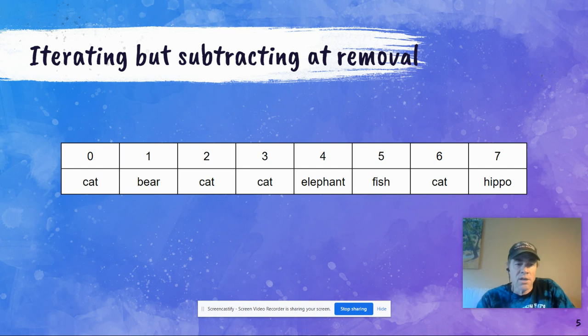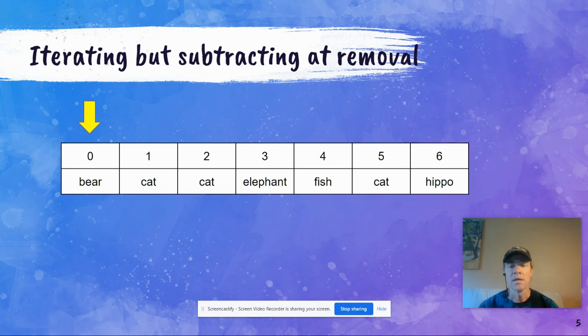So, here's the same array. I'm going to look at my cat here. Yep, that's supposed to be gone. So the same thing happens. I'm going to reduce my array by 1, and everything is just the way that it should be. Now what I want to do is decrement that iterator.